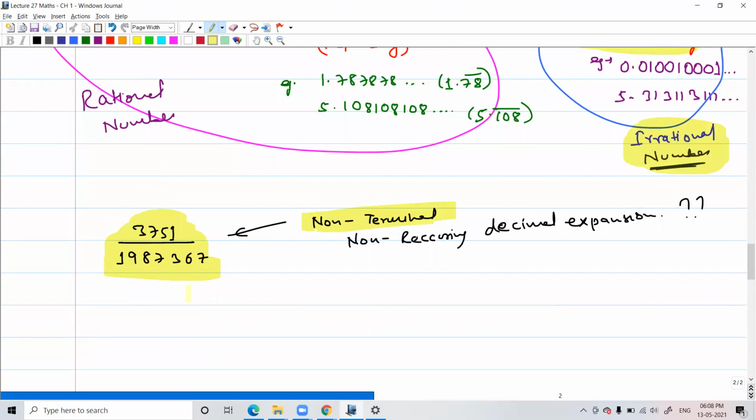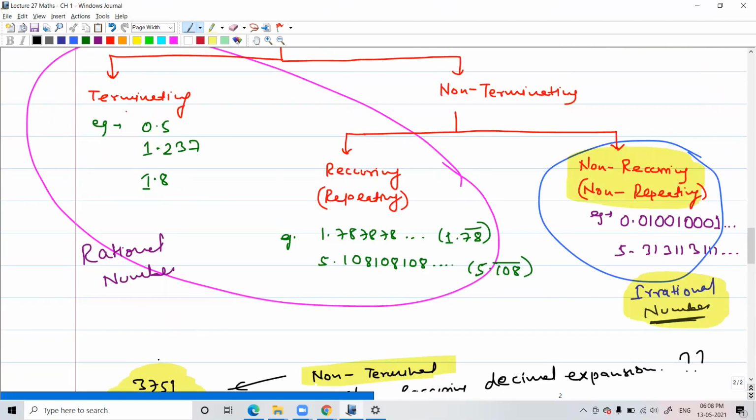So is this a rational number or an irrational number, Tanushri? Rational number, sir. If something is a rational number, then the only possible decimal expansion is either terminating, or non-terminating recurring.